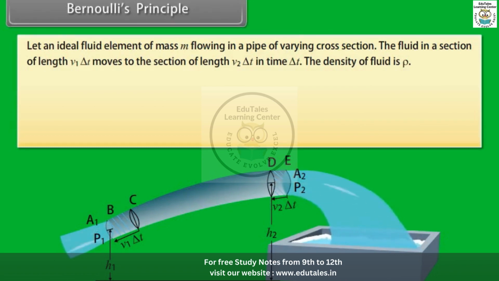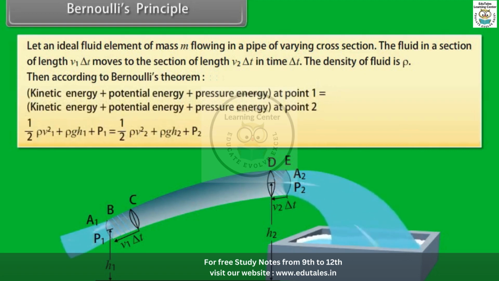The fluid in a section of length v1 delta t moves to the section of length v2 delta t in time delta t. The density of the fluid is rho. Then, according to Bernoulli's theorem, the sum of kinetic energy, potential energy and pressure energy at point 1 is equal to the sum of kinetic energy, potential energy and pressure energy at point 2.